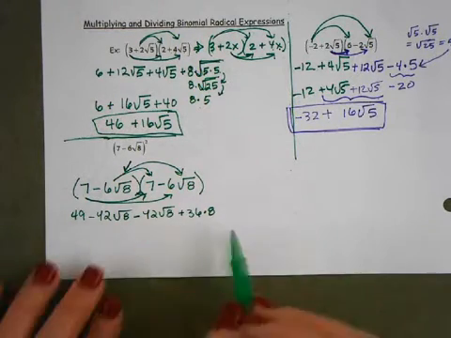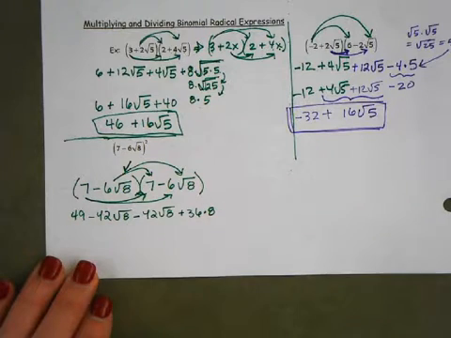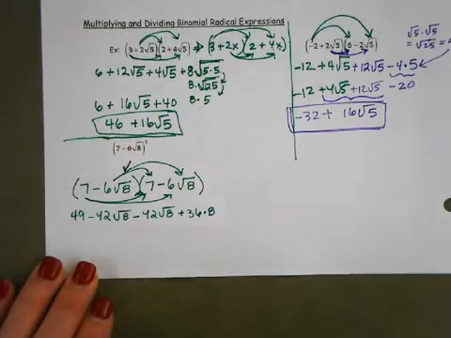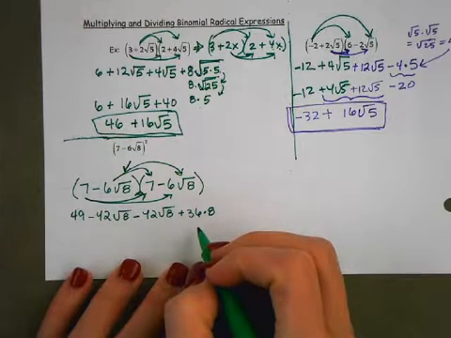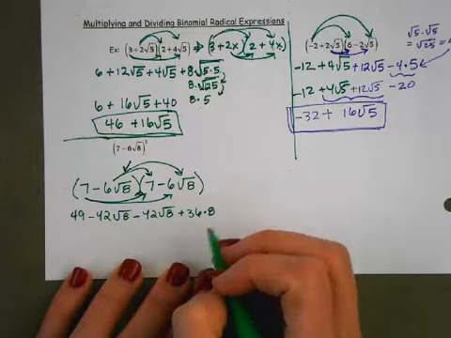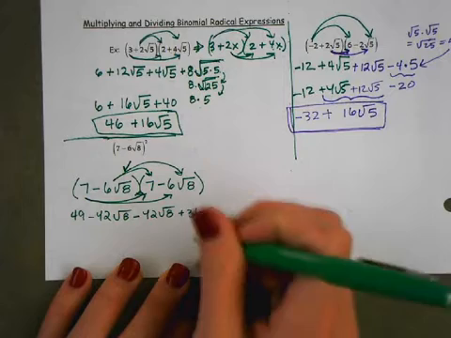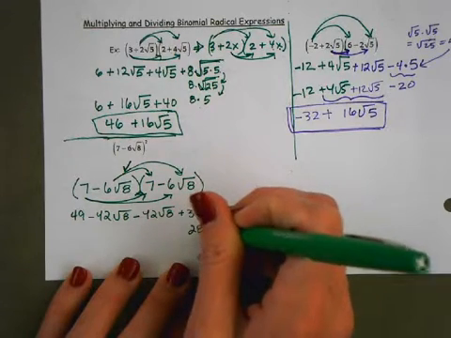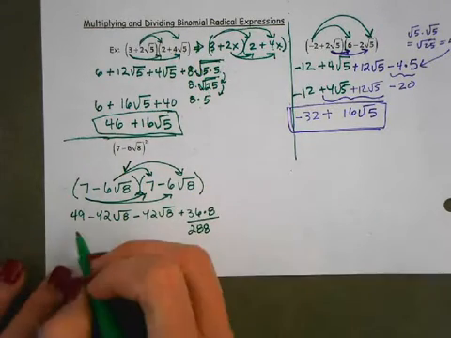So then I'm going to add them together. So I have 49, 36. What's 36 times 8? What'd you get? 36 times 8? 228? 288? 288. And then 49.